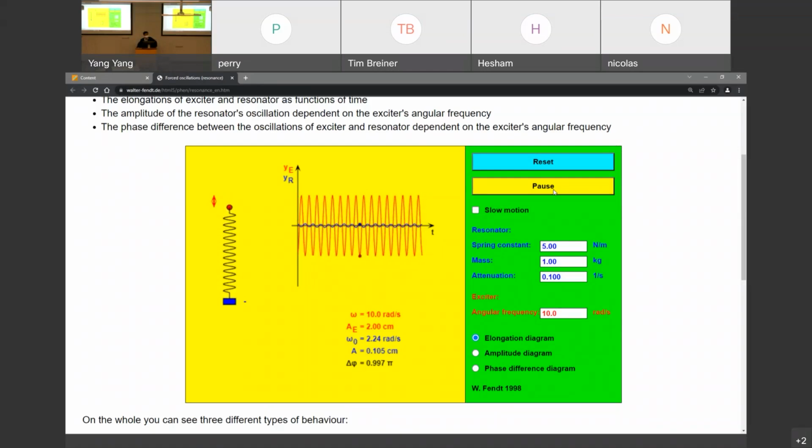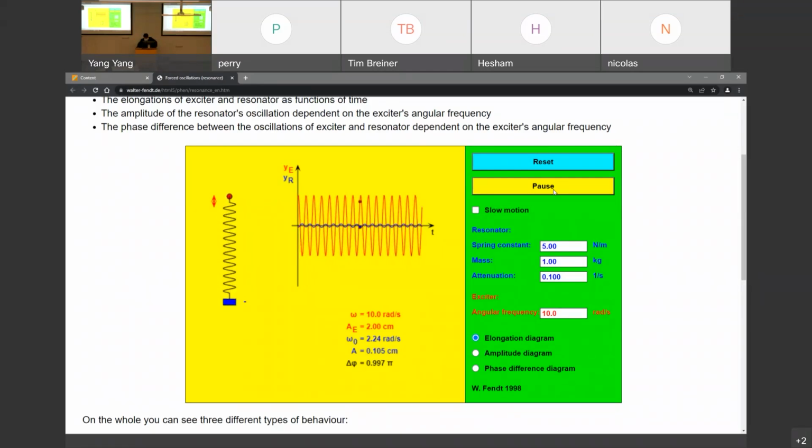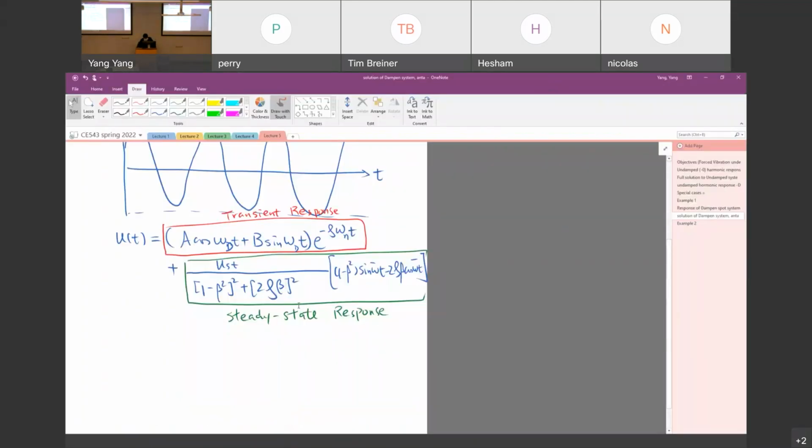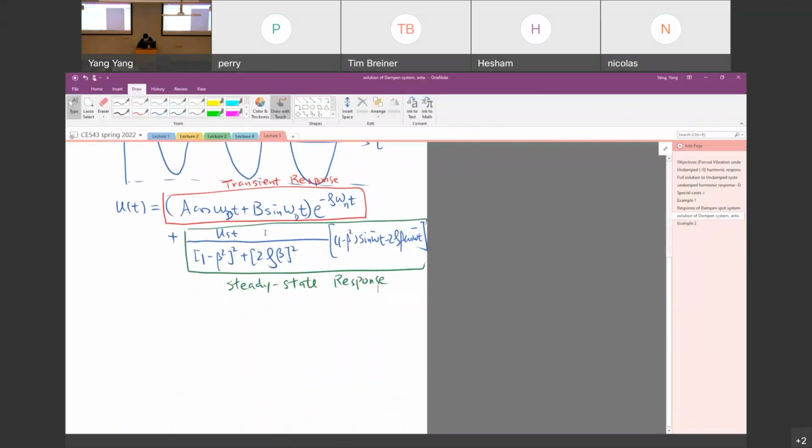So how about the resonance in this case? Do you have any resonance? So let's talk about the response here a little bit.